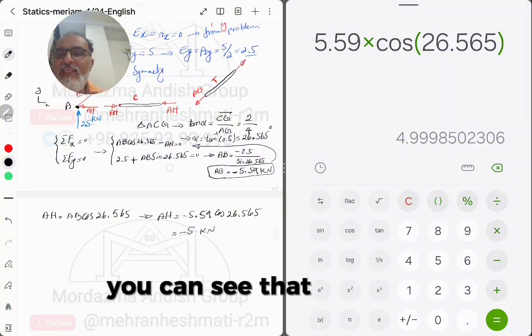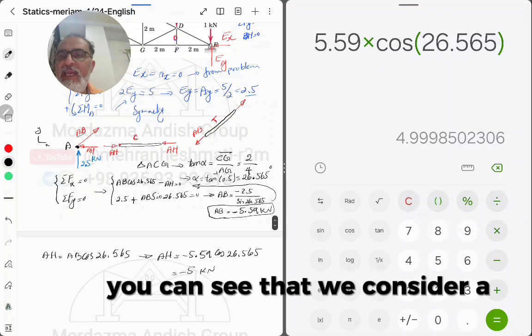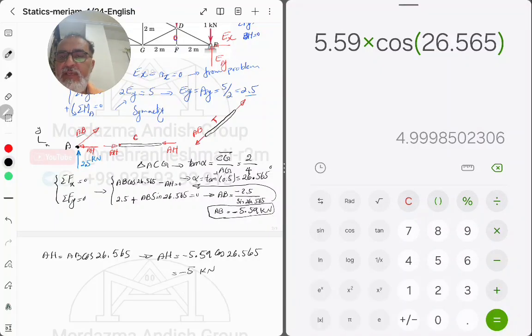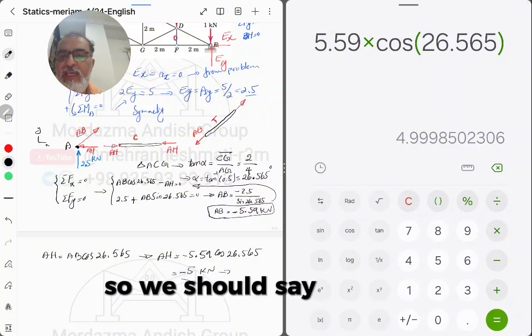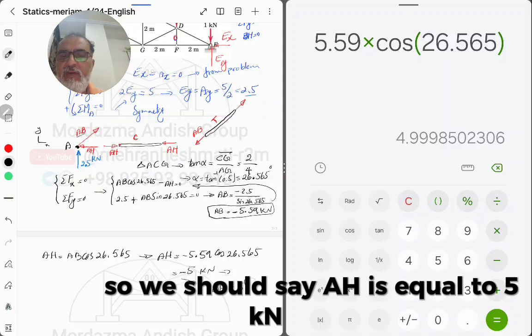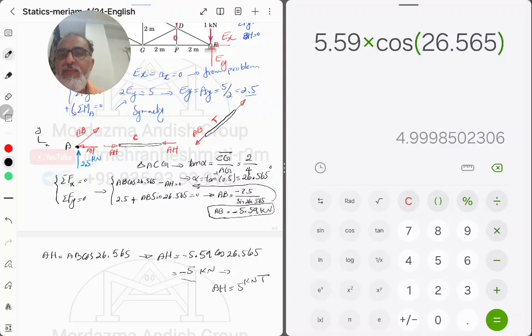You can see that we consider AH as a compression and we find negative amounts. So we should say AH is equal to 5 kilonewtons tension.